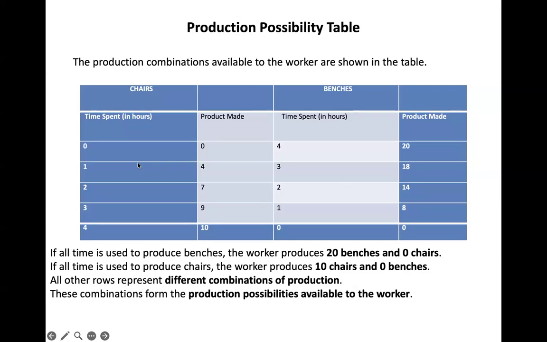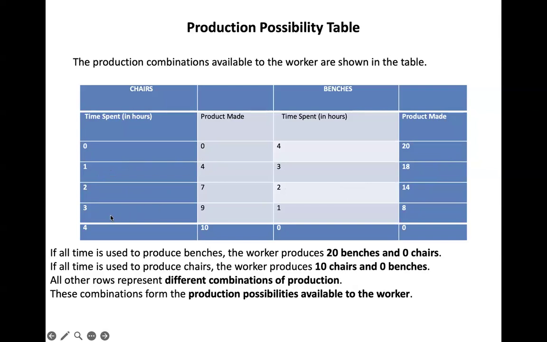If he spent 1 hour to produce 4 chairs, he can only produce what? 18 benches. If he spent 2 hours to produce 7 chairs, he can only produce 14 benches.